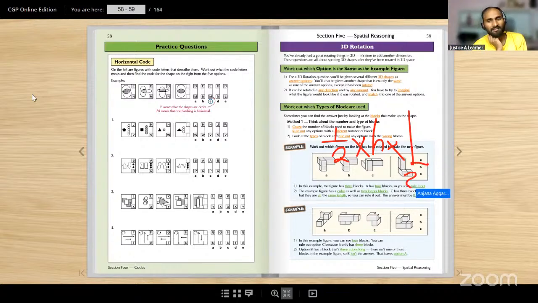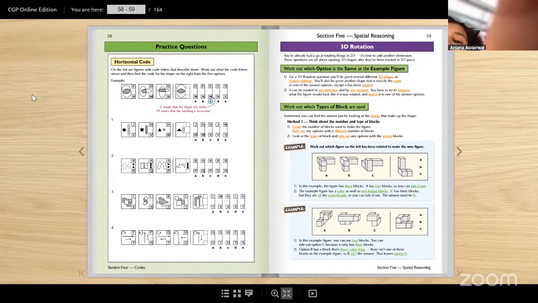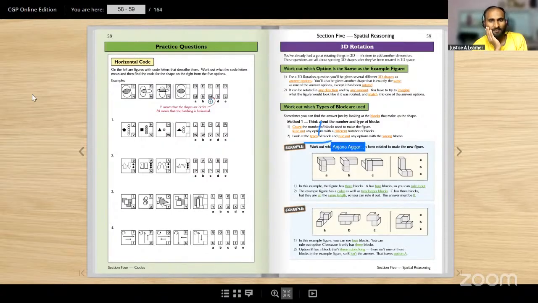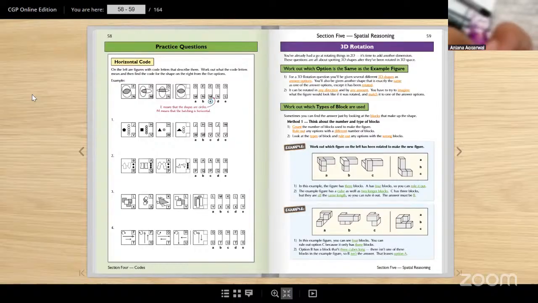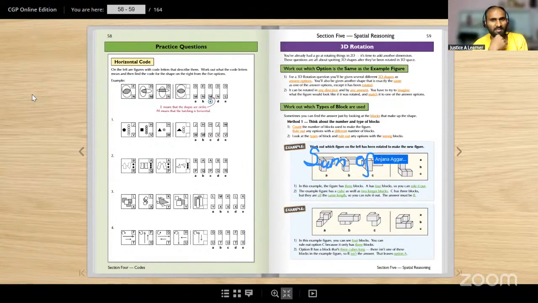Area of triangle is half base into height. So even in this case, we are having two dimensions only, B and H. Perimeter is sum of all.